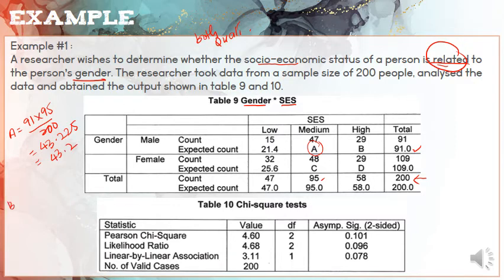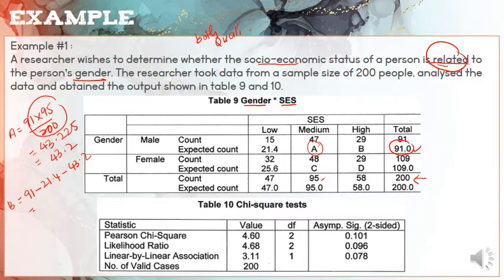To find B, you can use this formula, or you can simply take the total expected count for that particular row. So the total expected count for this row is 91. So 91 minus the expected count for low, 21.4, minus the expected count for A that we just calculated, 43.2.